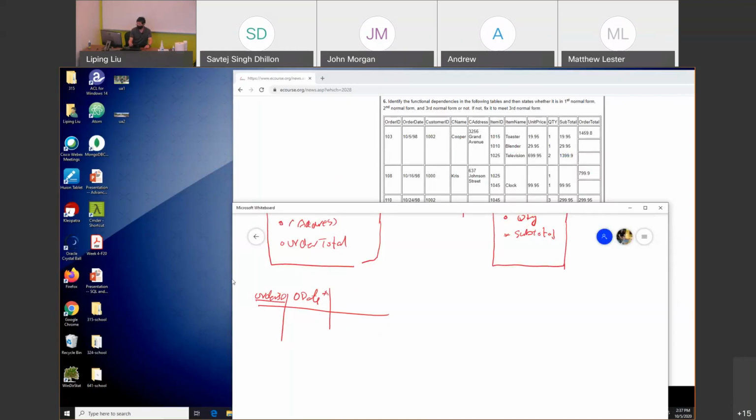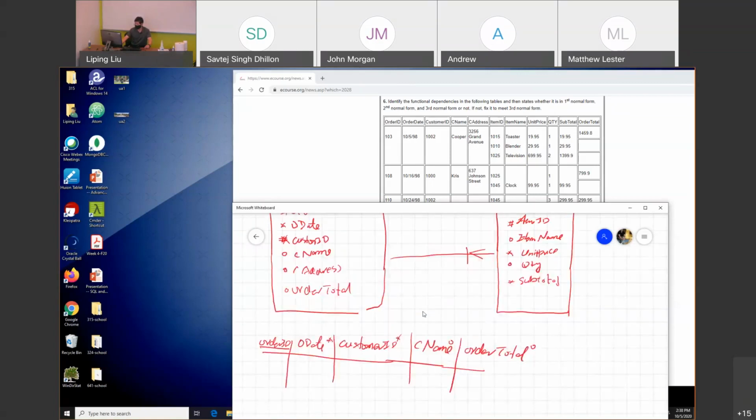And then we are going to have customer ID, which is also required. And then we are going to have a customer name, and then maybe optional. And then we have auto total. Was that required or optional? Yes, I put an optional there too. So that's one table for the big thing, this strong entity.